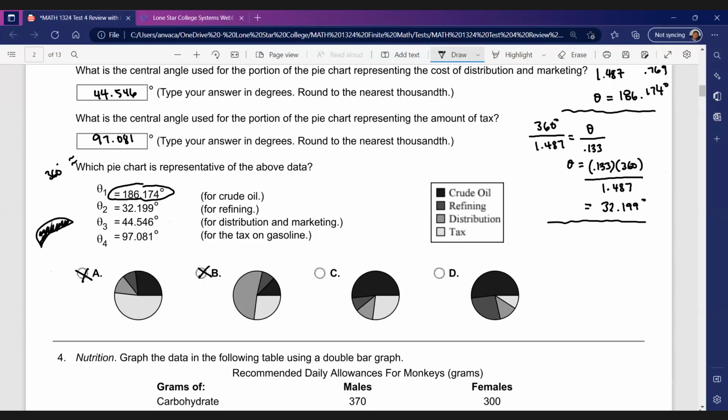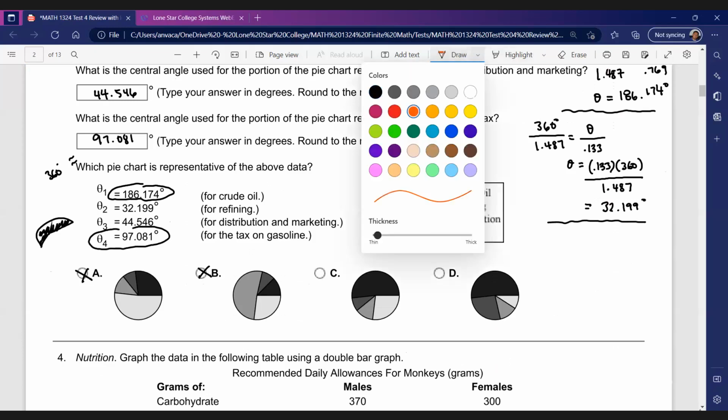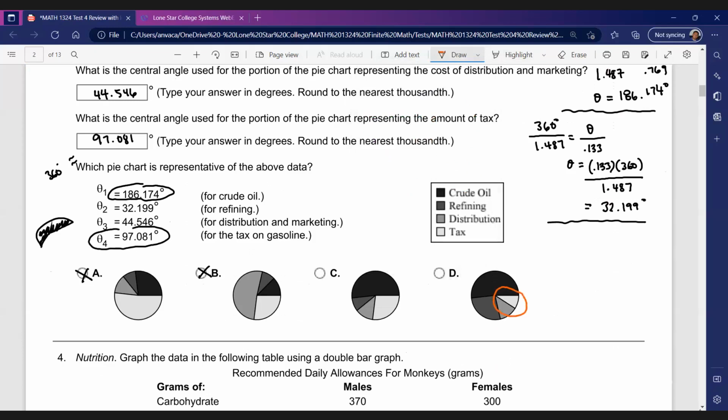Then I'm looking at tax, which is this one right here. That is a little bit more than a right angle, and this doesn't quite make sense for that portion of tax.